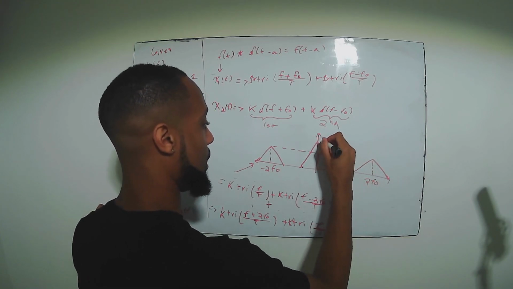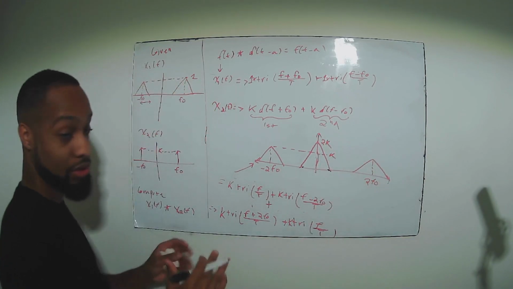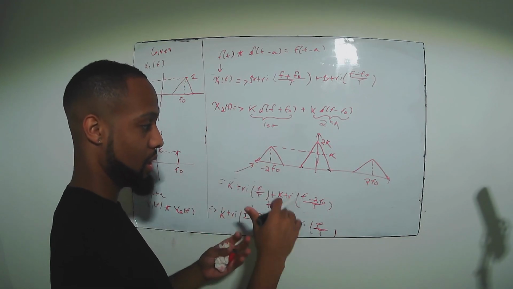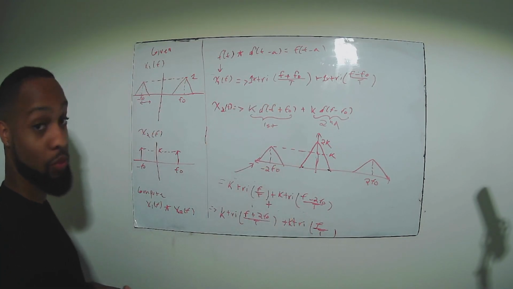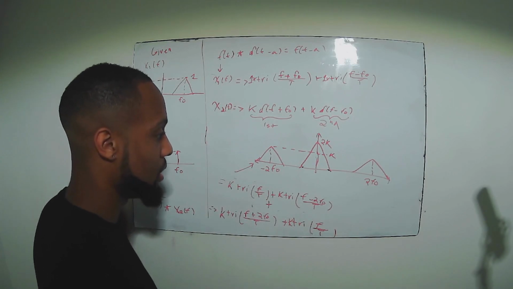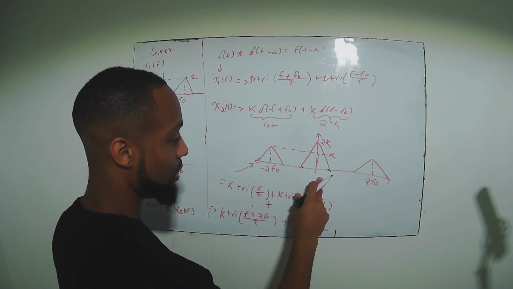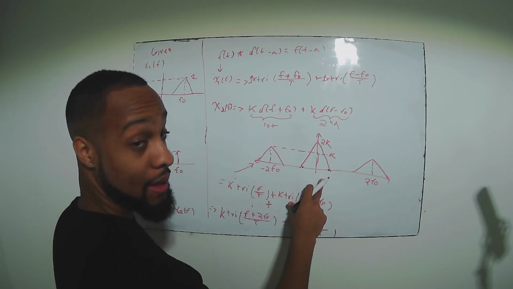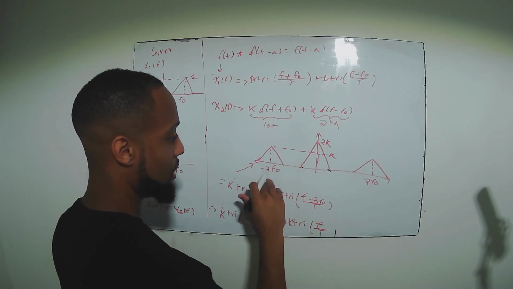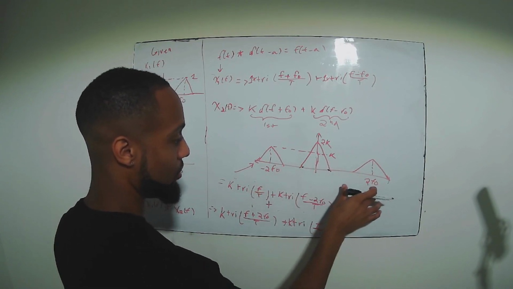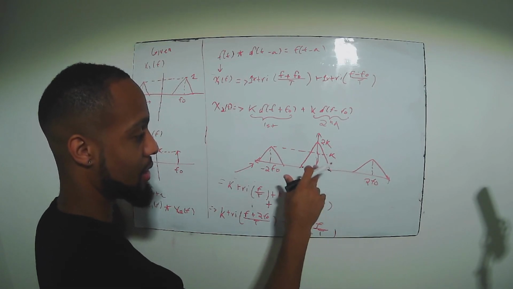And the triangle is going to be steeper, of course, because the amplitude is rising at a quicker rate since they're being added together. So at the origin you end up with a triangle that has 2k, and you end up with two triangles at minus 2 f naught and positive 2 f naught with height of k.